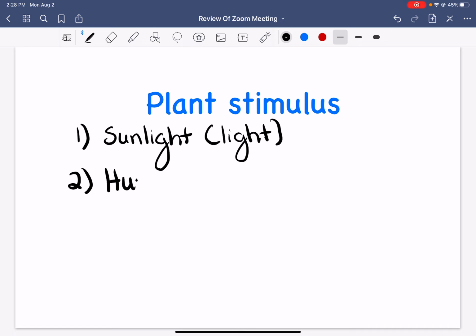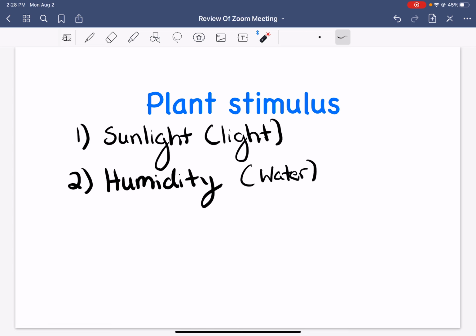Humidity, right? That's related to water. We can think of that as water, right? Humidity is water, right? How much water, where are we going to get the water, right? Humidity is water in the air, but we can think about water in this sense.